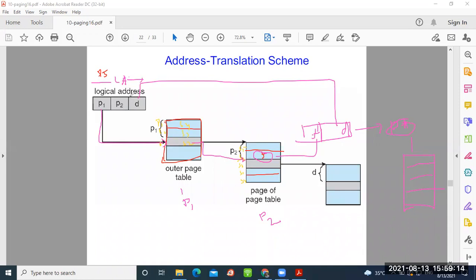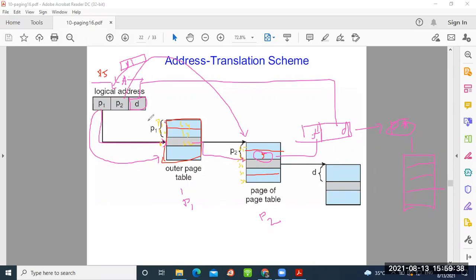D will be the same as in the single page table, but P is further divided. The actual P and D: P is divided into two parts, P1 and P2, where P1 represents the outer page table and P2 represents the inner page table.